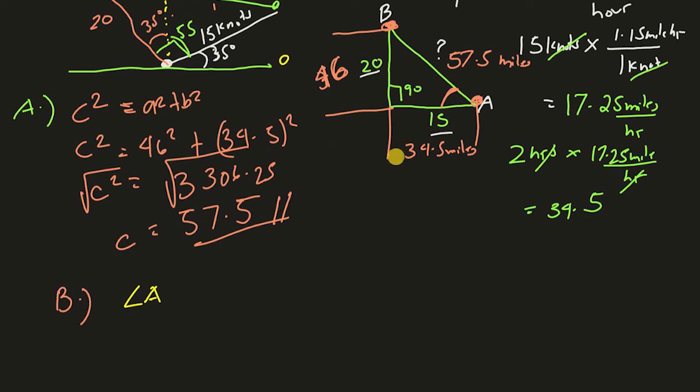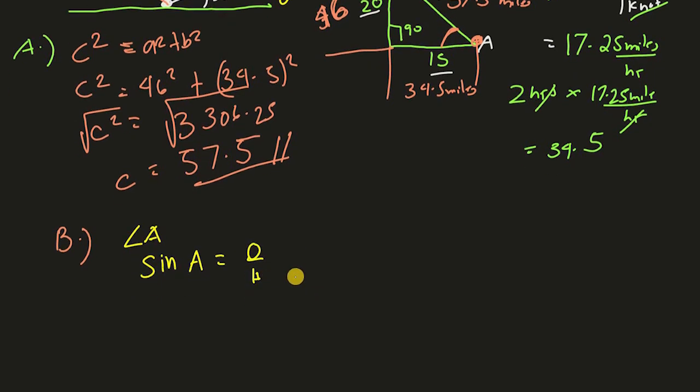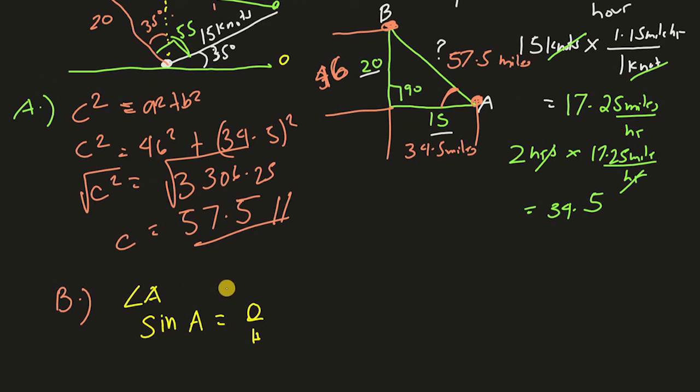To solve for angle A, you can use any trig function you like. For me, I prefer sine A. Sine A is opposite over hypotenuse. The opposite of A is 46 and the hypotenuse is 57.5.